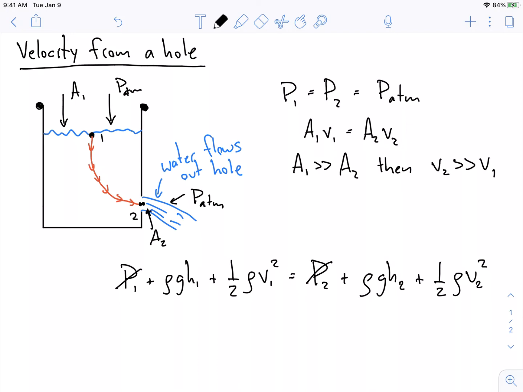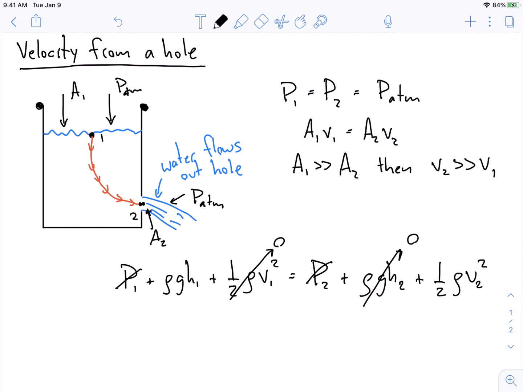And so what we do is we make an approximation. With V2 much greater than V1, we make the approximation that we can ignore the V1 term compared to the V2 term. So this is a critical assumption in doing these kinds of problems. The other thing we'll do, and the last thing we'll do, is just set H2 equal to 0.